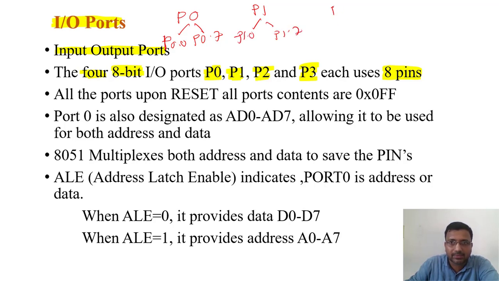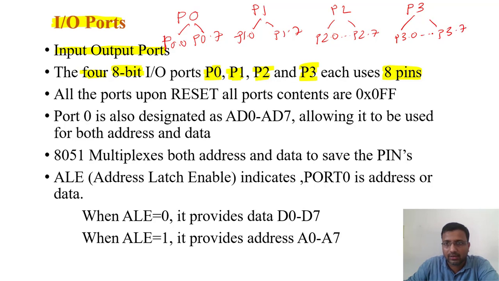For P2, we have P2.0 to P2.7, and in between there are P2.1, 2.3, 2.4 like this. And if you consider port 3, again we have P3.0 to P3.7. In between there are 8 different registers.